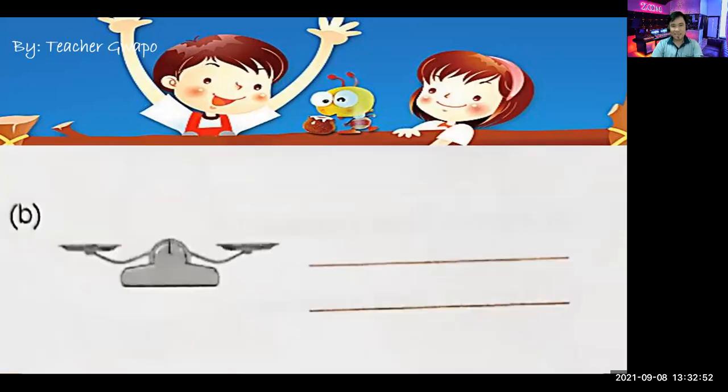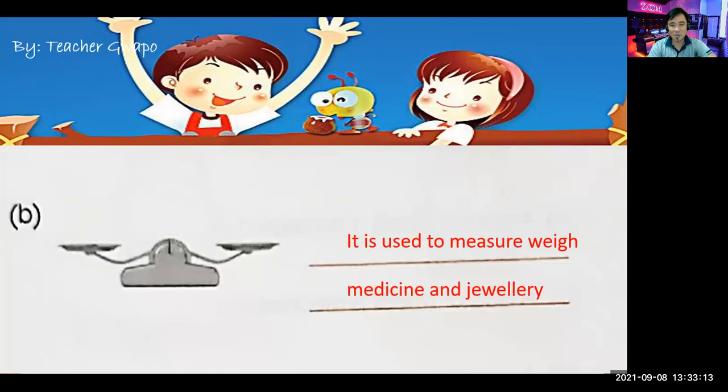Letter B. This is called balance scale. Now, if you see this picture, balance scale, always remember the medicine and jewelry. So it is used to measure the weight of medicine and jewelry.